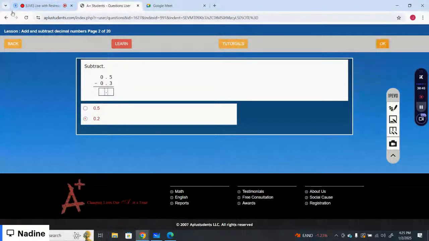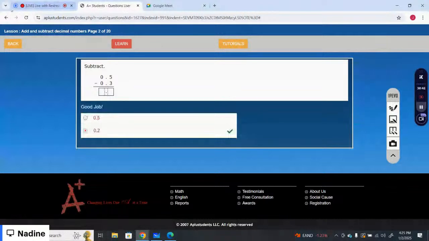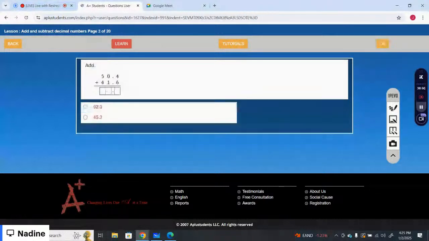Option number two is the correct option. 50.4 plus 41.6.